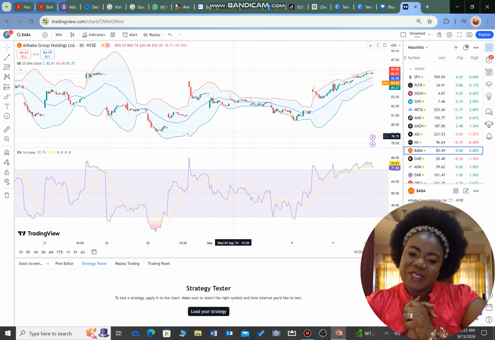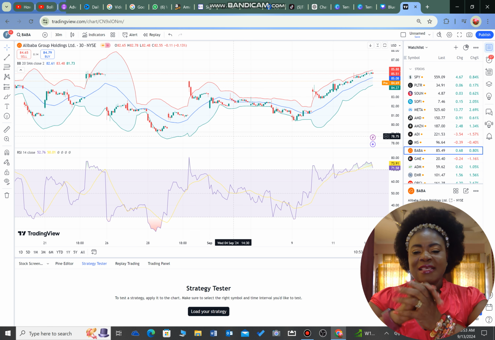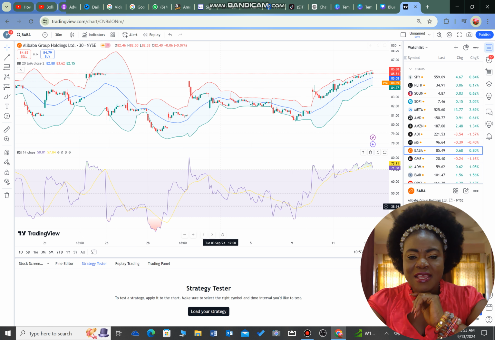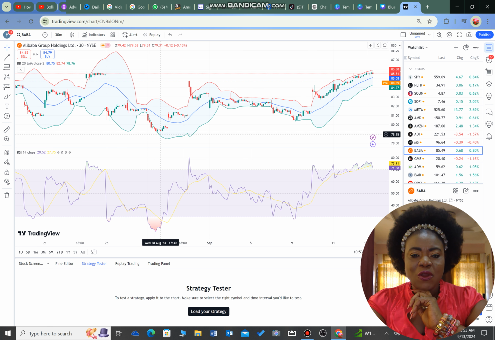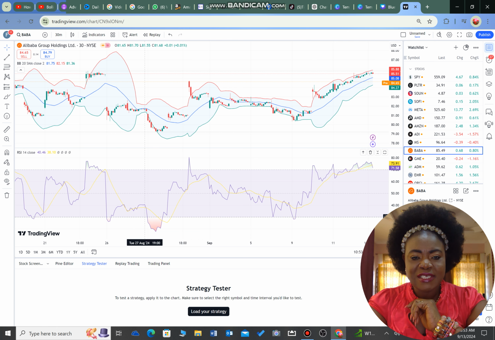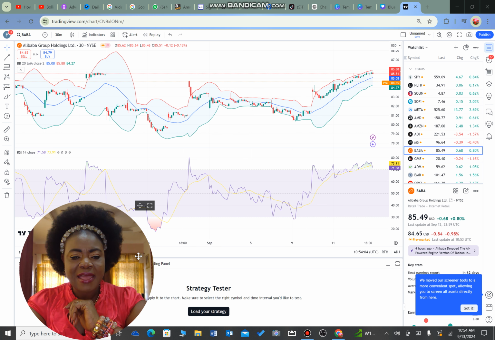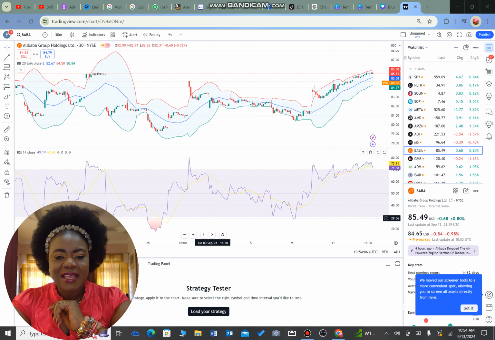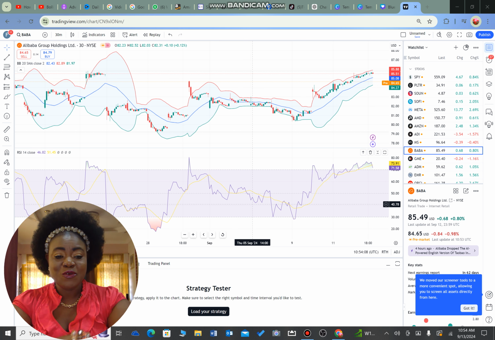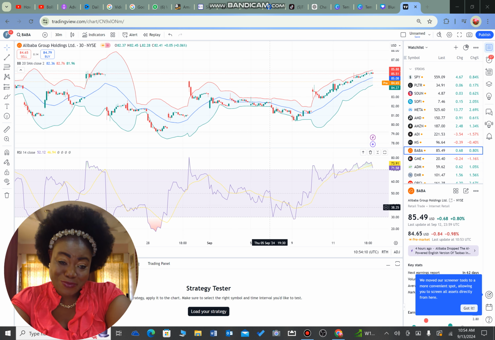Now, most of the time with the RSI, you will find a stock and the price action has gone to a certain level that shows you where it is, maybe telling us to either buy or sell. But like I have always said, there is no indicator that is foolproof.